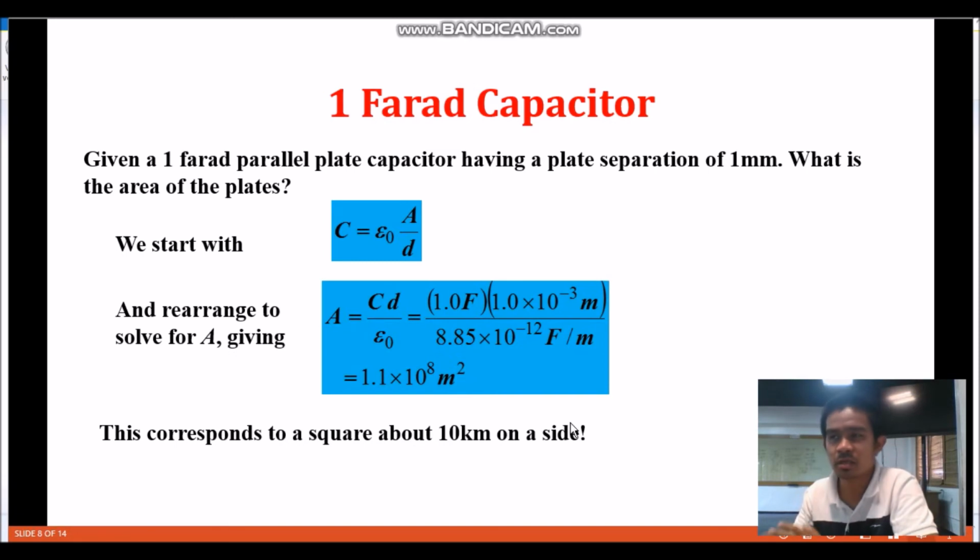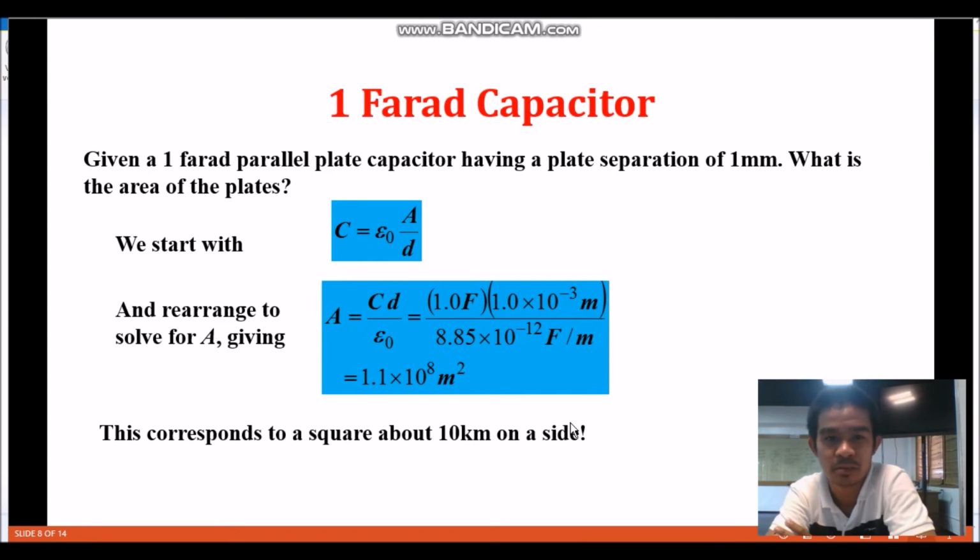So though the farad is the standard unit of capacitance, it's still convenient to use microfarad or picofarad as the unit. When you buy a capacitor in the store, you don't say that you will buy 1 farad or 3 farads of capacitor, but rather you say a 3 microfarad, 4 microfarad or 4 picofarad capacitor.